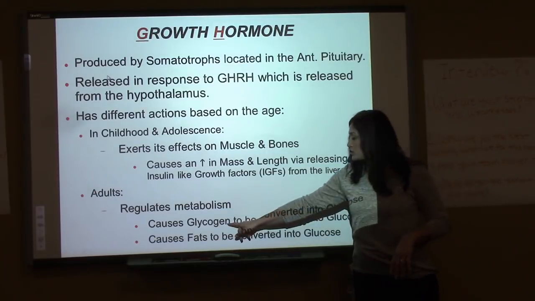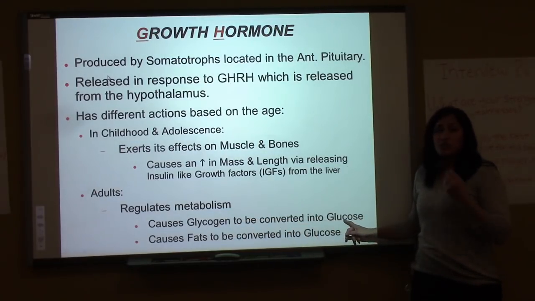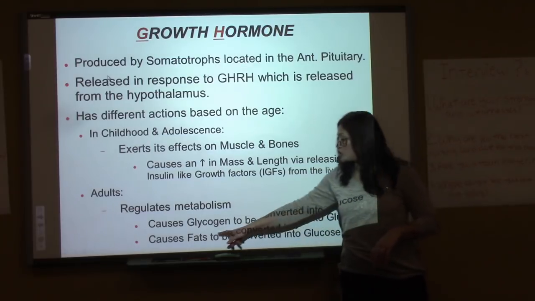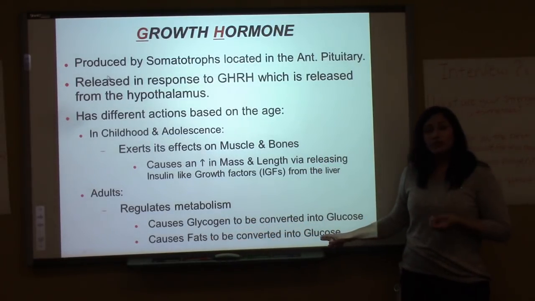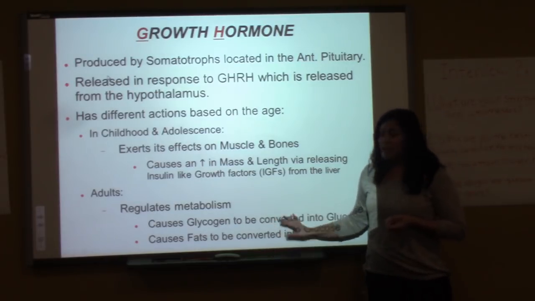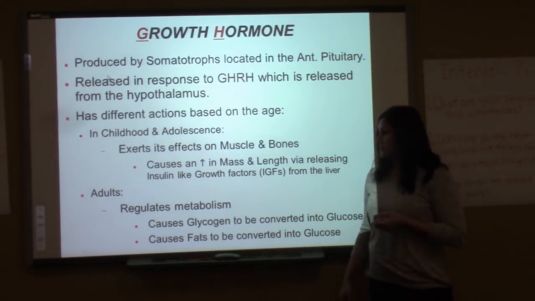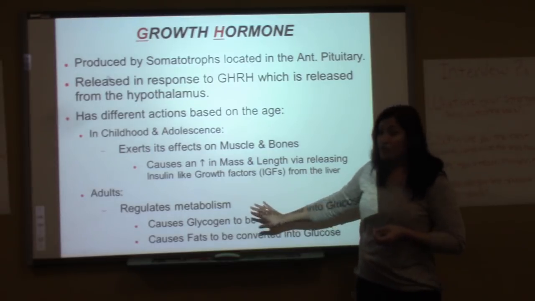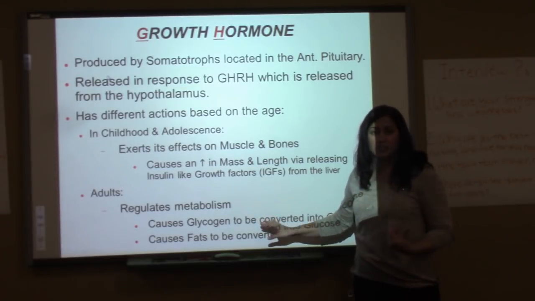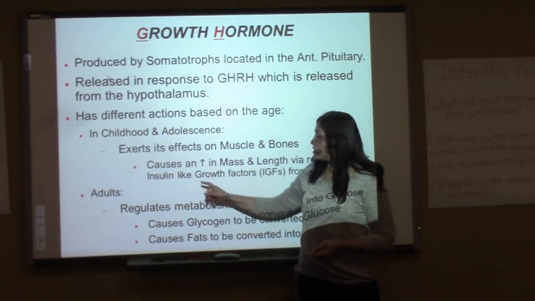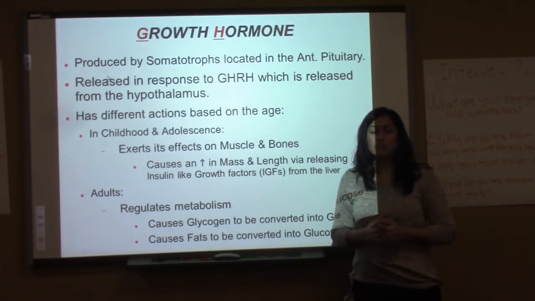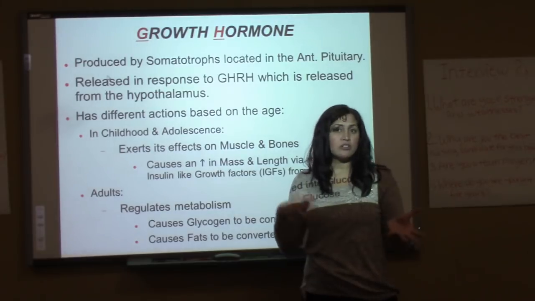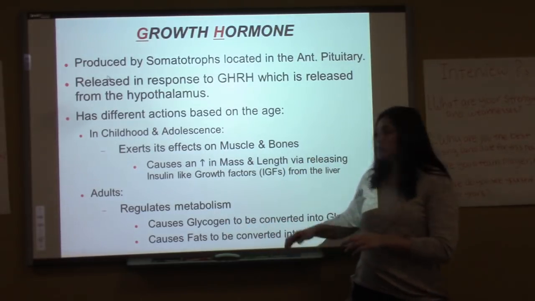So glycogen turning into glucose is glycogenolysis. Fats being converted into glucose is basically gluconeogenesis. So it's basically to maintain your glucose levels. Another thing I forgot to write down: even in adults, growth hormone will cause insulin-like growth factors to be released. So insulin-like growth factors are released both in adults as well as adolescents and children.